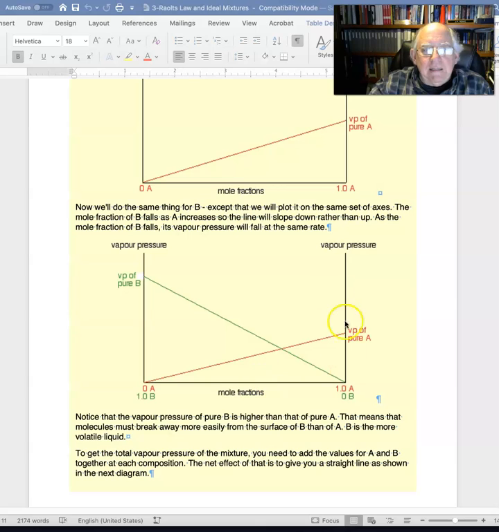And so basically this is Raoult's law, wherein the mole fraction is obtained for any mixture.